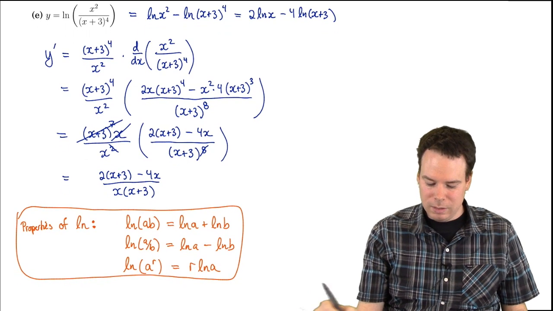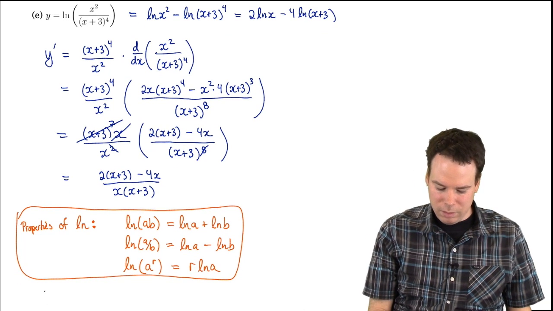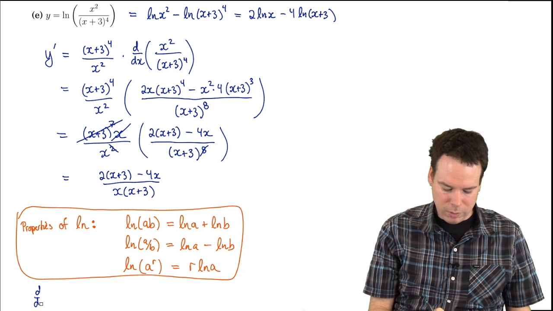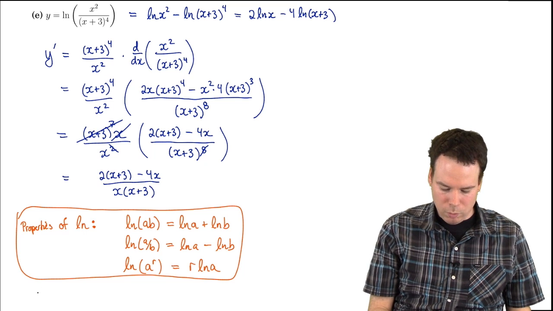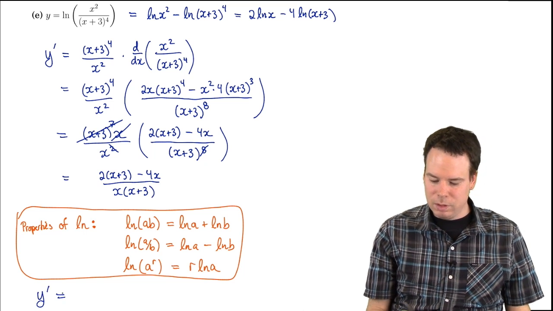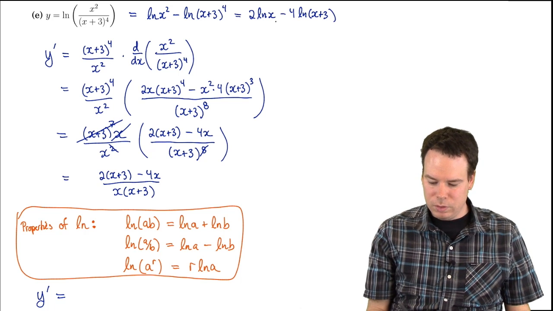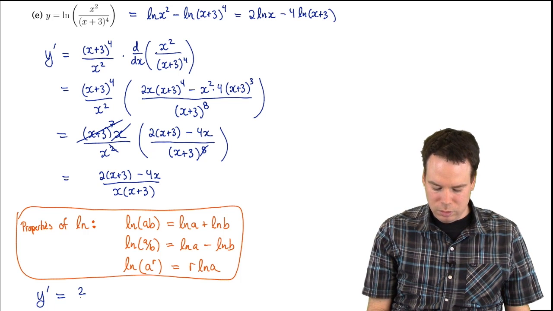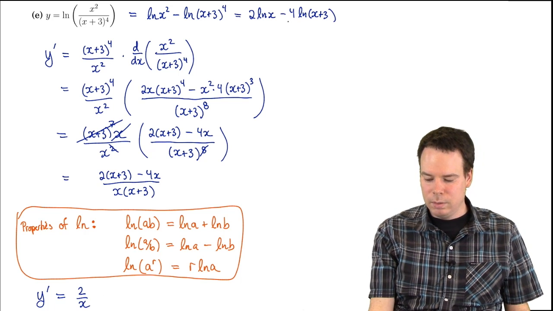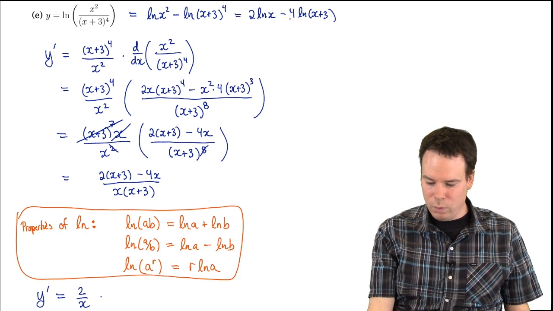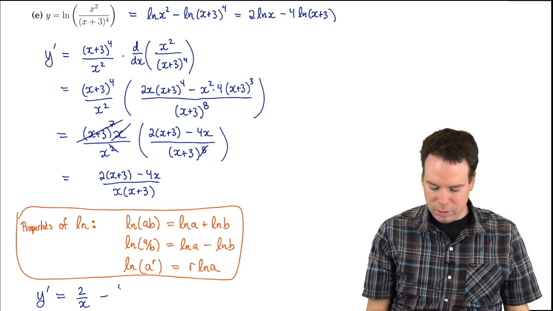So what that means is, with this other method, I can just differentiate. Maybe I'll just write y prime. Y prime is going to be, well, it's the derivative of the first, 2 ln of x. Well, that's just 2 over x. Minus 4 times the derivative of the second. So that's minus 4 over x plus 3.